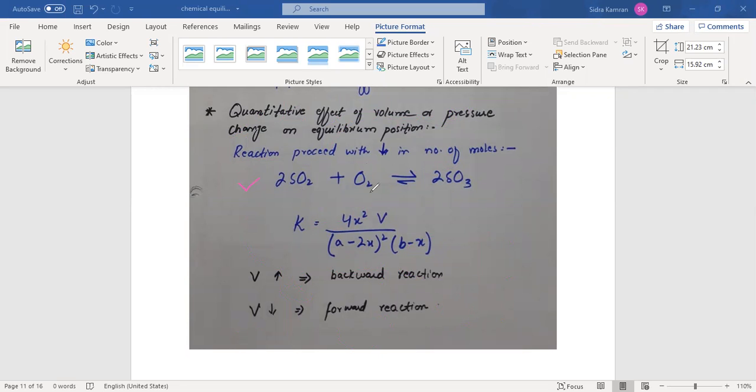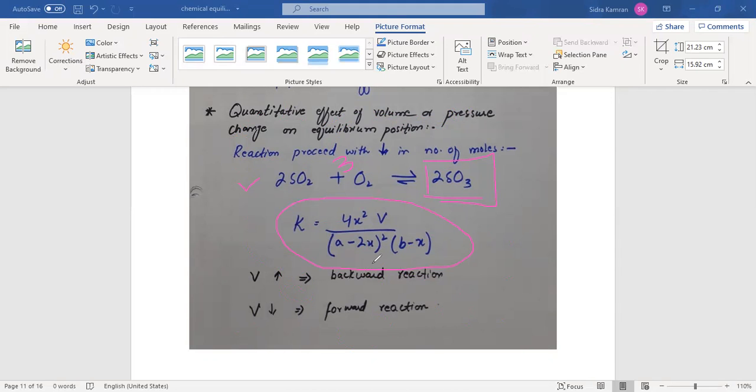This reaction has fewer moles of product: the products have 2 moles and the reactants have 3 moles. We have written the equilibrium constant expression for this reaction, and you know how to write this expression because we discussed in our previous lesson how to write an expression for the equilibrium constant.